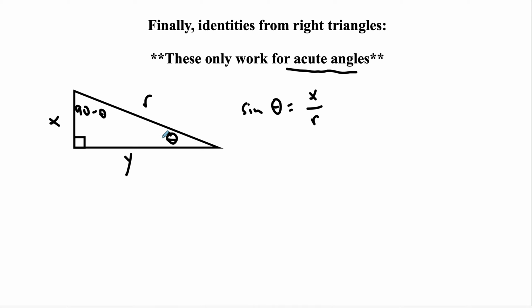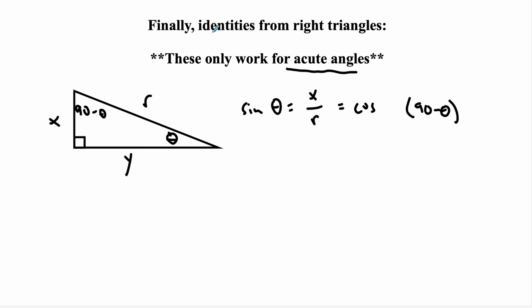Now, if we change our focus and look at 90 minus theta, what trig ratio would involve x and r? In this case, this is the opposite, and this is the hypotenuse. So I'm looking at this, and this becomes the adjacent and the hypotenuse, which is the cosine.